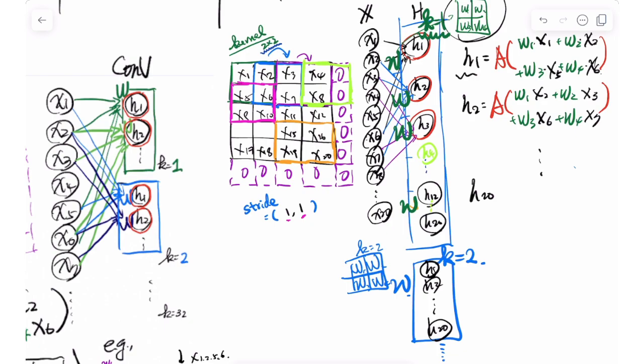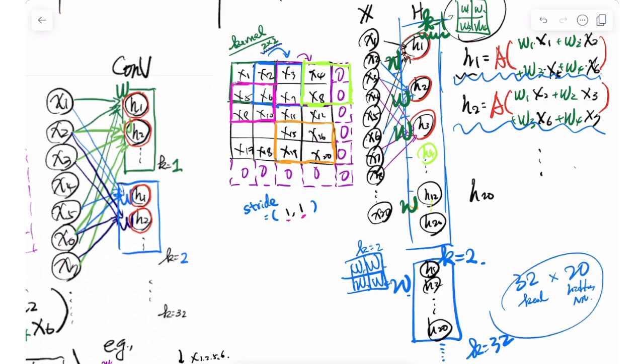For example, if we have 32 different kernels, each kernel has different weights, and those weights will go through the entire image and calculate the corresponding hidden neurons to generate 20 different neurons for each kernel. So if we have 32 different kernels, then for each kernel we have additional 20 hidden neurons. In total we will have that many neurons at this second convolution layer.